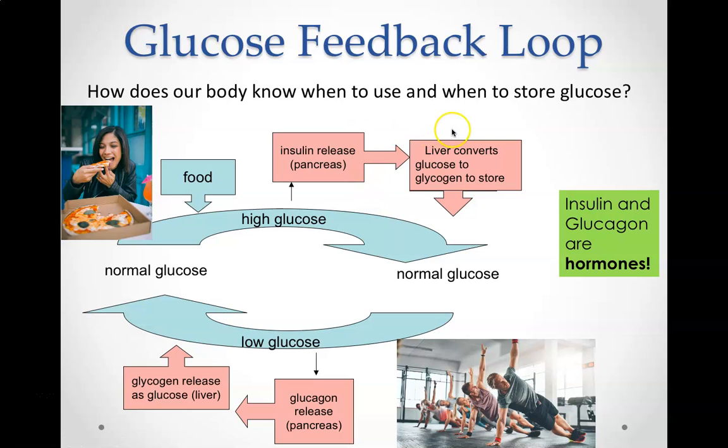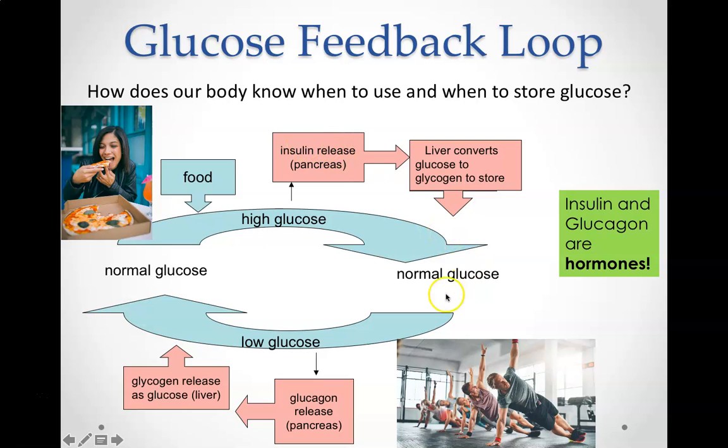We're going to pack them together into glycogen molecules, and we're going to store that, so that helps the blood glucose return to the normal level that we want to maintain. So that's what's going to happen when we eat carbohydrate-rich food: we're going to have this conversion from glucose to glycogen to store it, and that's triggered by insulin from the pancreas.